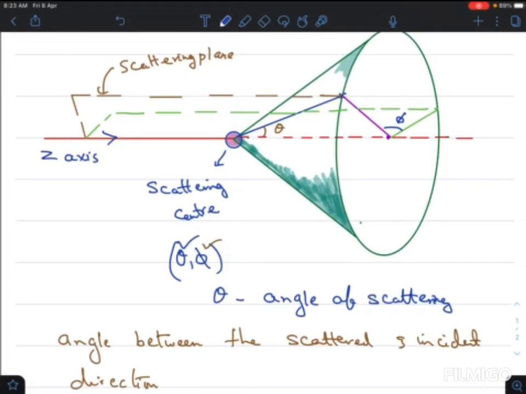It is the angle between the scattering plane and the reference plane.